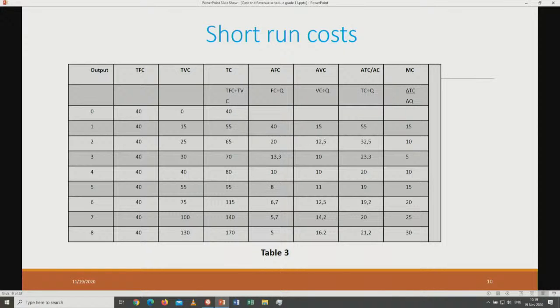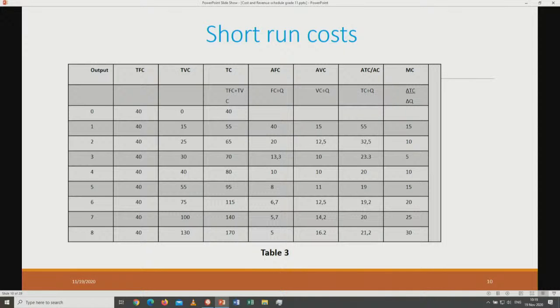It's 55, that's right. And then we have to divide that by the quantity, according to the formula there. So for this one here, the marginal cost would be 15. Right.